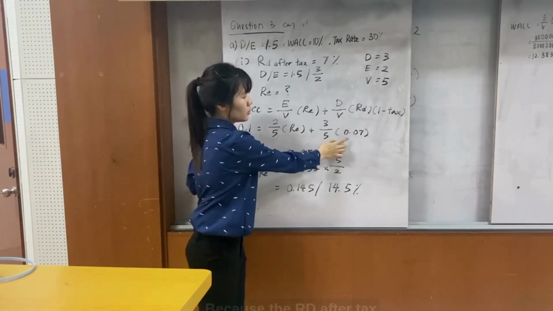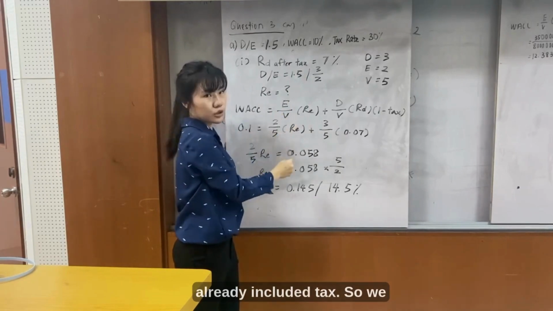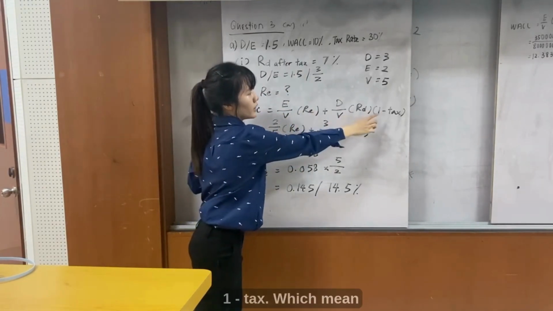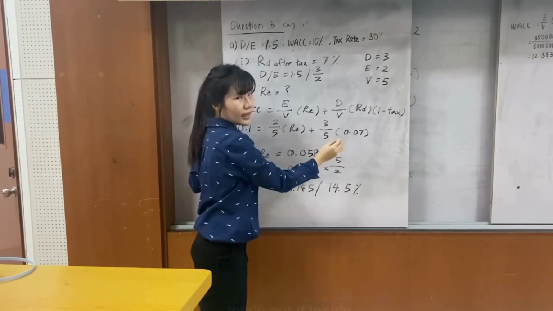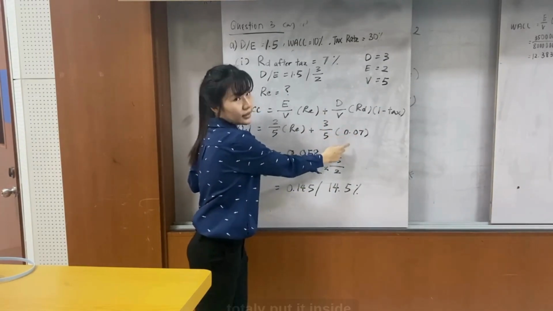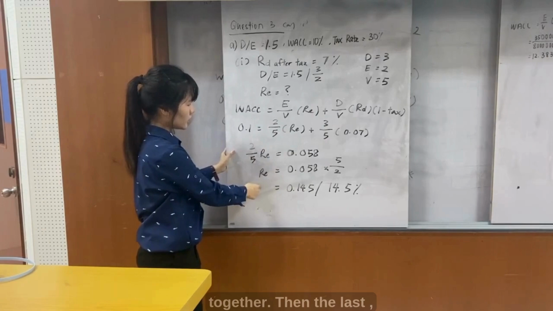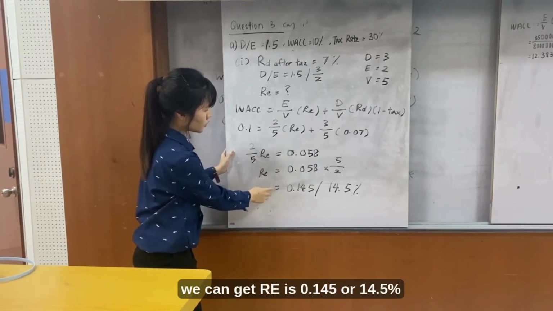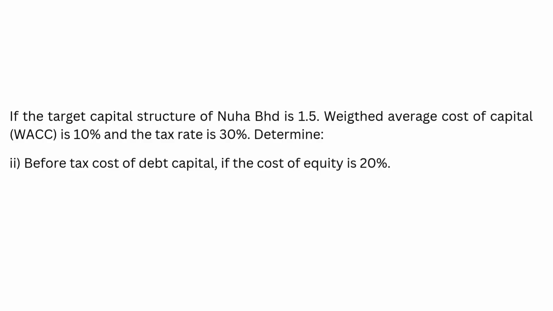Why is this one 0.07? Because RD after tax already includes tax, so we don't need to apply the 1 minus tax. Which means we can put 0.07 inside directly. Then we calculate together, and in the end we get RE equals 14.5%. That's all.